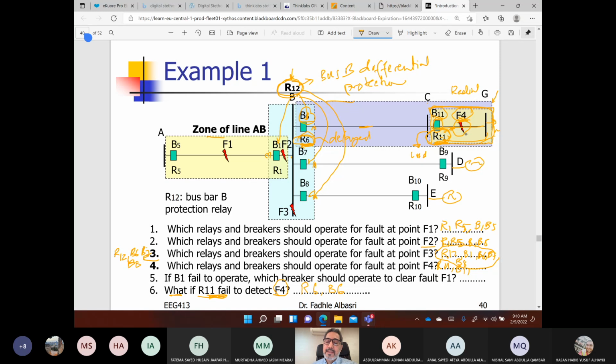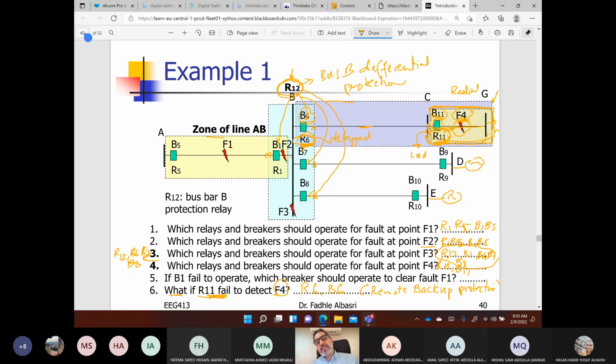So in this case this is called remote backup protection. Okay, now why is it remote? Because relay 6 is not at the same substation. It is far away from this relay.